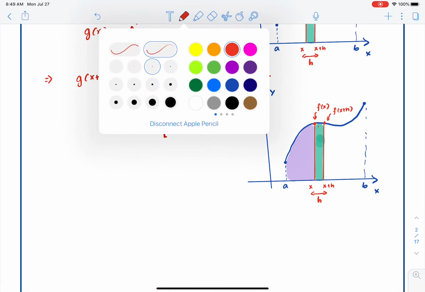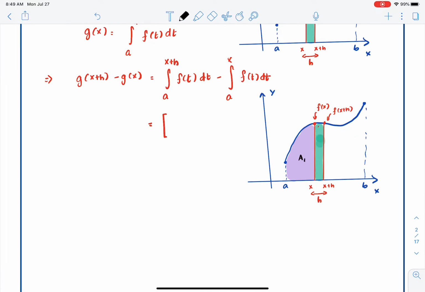So if I call this A1 and if I call that A2, the area from a to x plus h is simply A1 plus A2. And then I have the third term, minus integral a to x f of t dt.